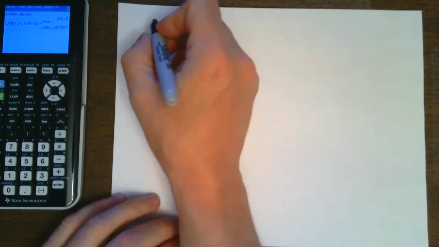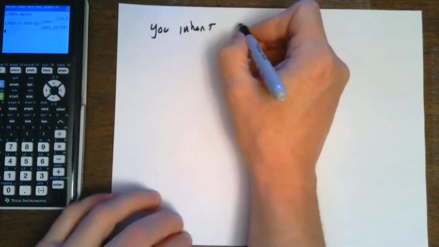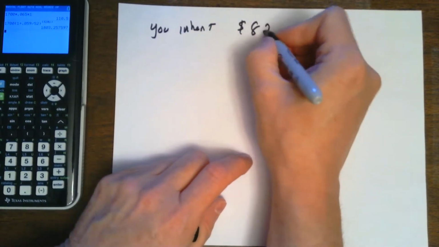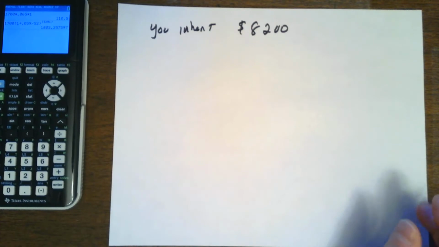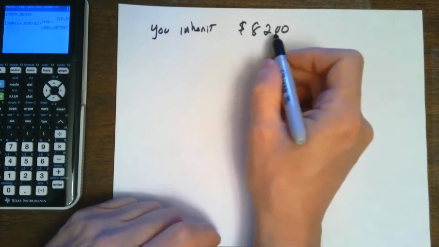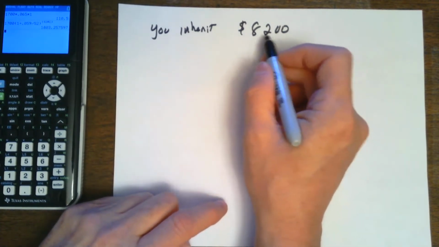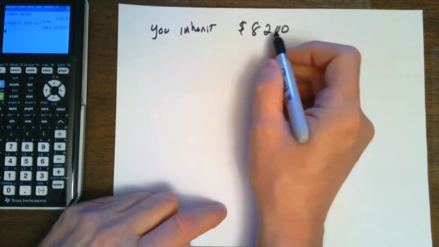In this next one, let's say you have a rich uncle that passes away, and in the will you inherit $8,200. Well, you decide that you're going to throw a party and have a little bit of fun and buy some things and pay off some credit cards with about $1,200 of this.